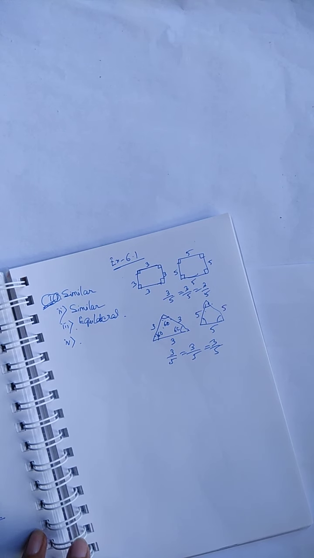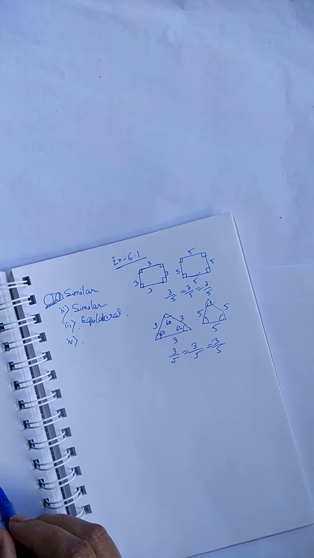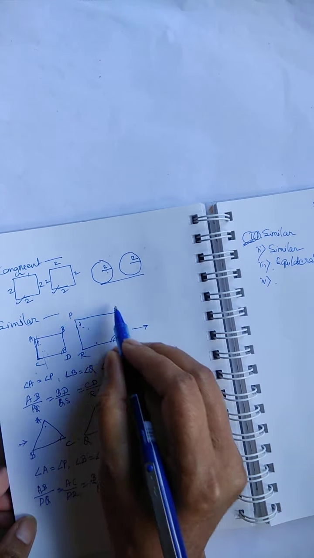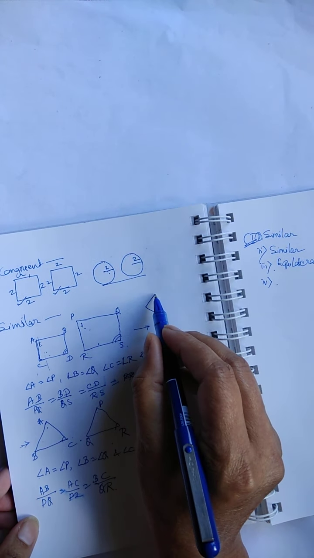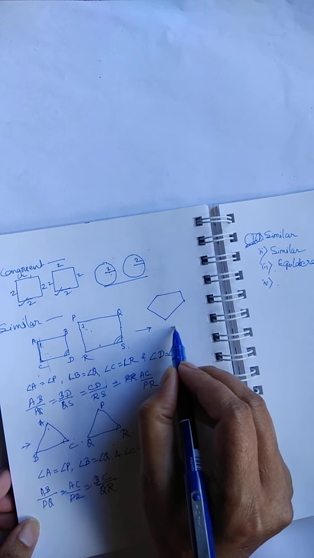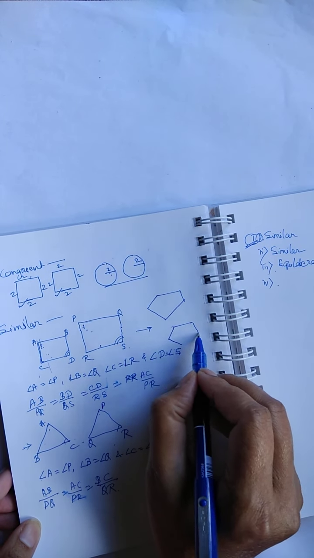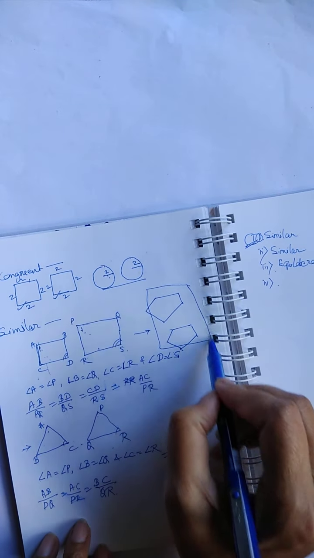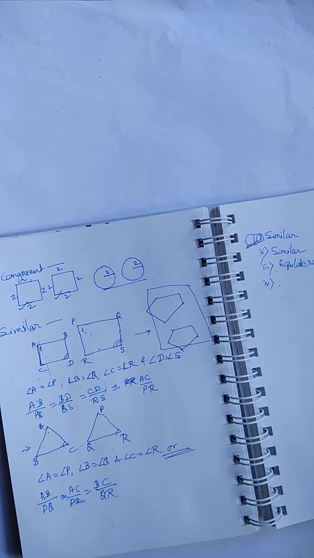Now the fourth one. Polygons means having the same number of sides. A quadrilateral is also a polygon, and a figure having 5 sides is also a polygon. So all polygons of the same number of sides are similar.